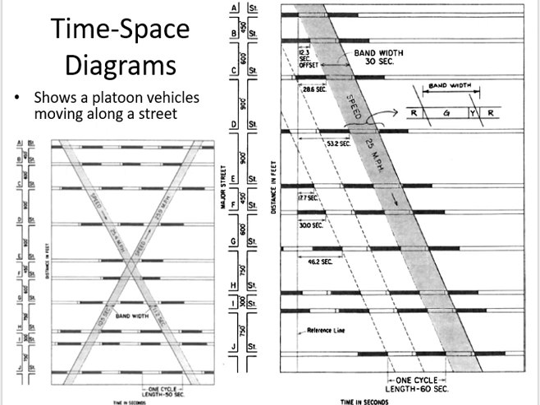Is this coordination possible for every intersection or every road? No, intersections should be close to each other, and the crossing streets should be minor. When they are major streets, then you cannot.